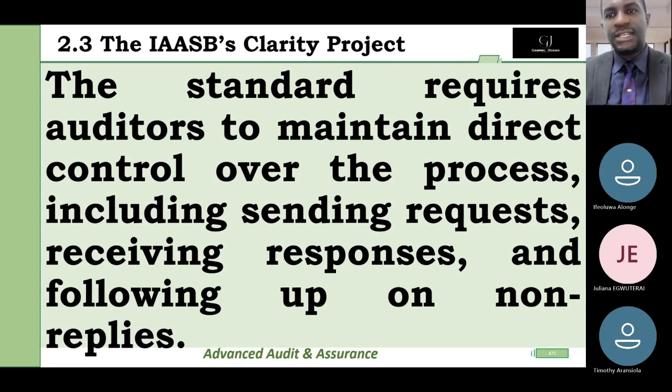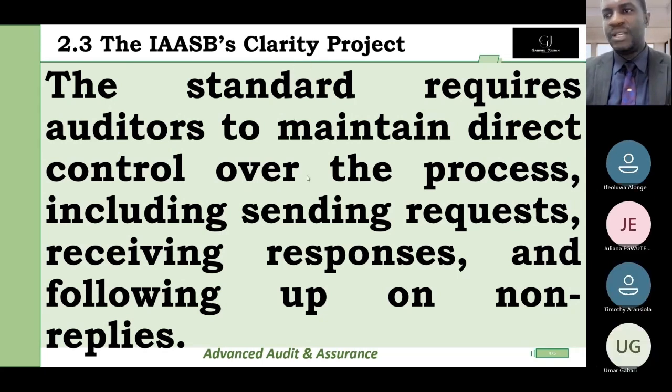I said, PwC sent you a mail, can you please respond? And they said, oh, sorry, it went to my spam or junk mail. So responses and follow-ups are very essential for external confirmations, because those may be areas where fraud can be hidden and transactions that are not correct are hidden in those places.